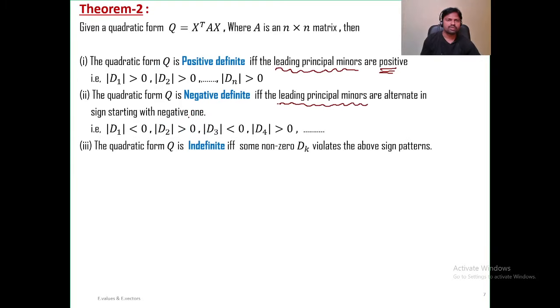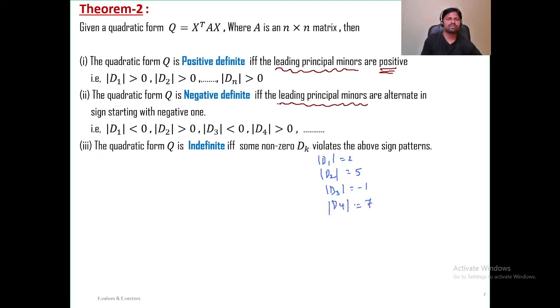Next one. The quadratic form Q is indefinite if and only if some non-zero Dk violates the above sign pattern. For example, let me explain here. I am getting D1 is 2, the determinant D2 is 5, the determinant D3 is equal to minus 1, and the determinant D4 is equal to 7.